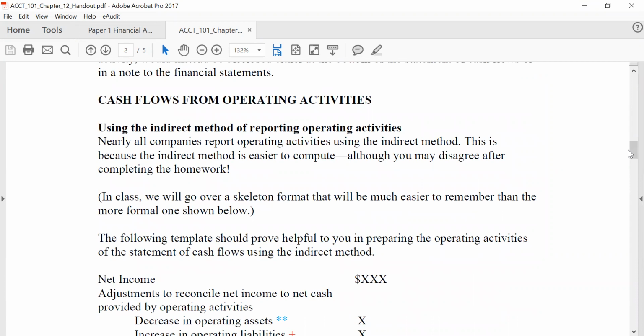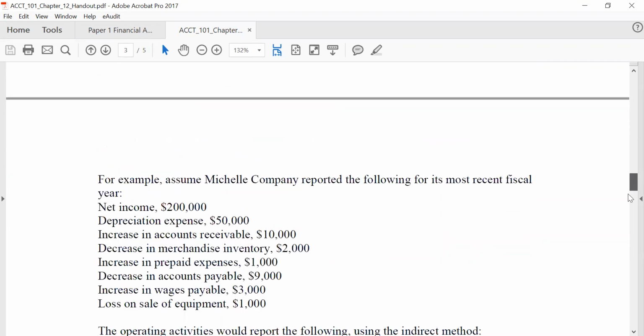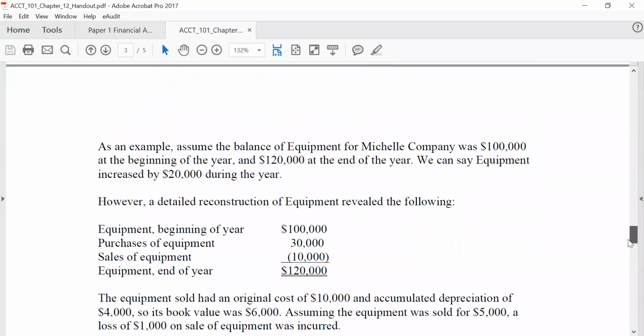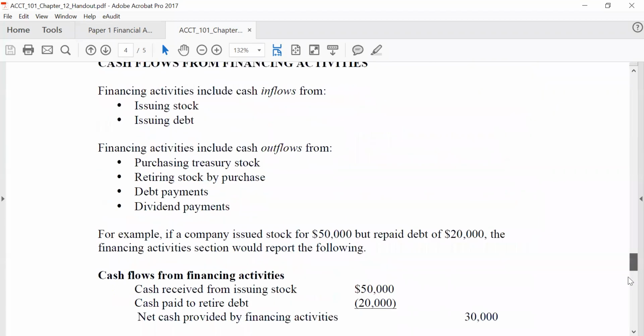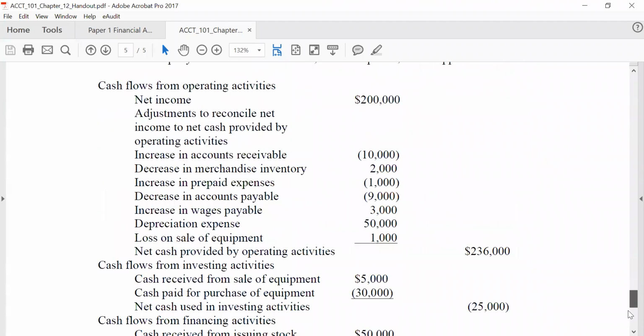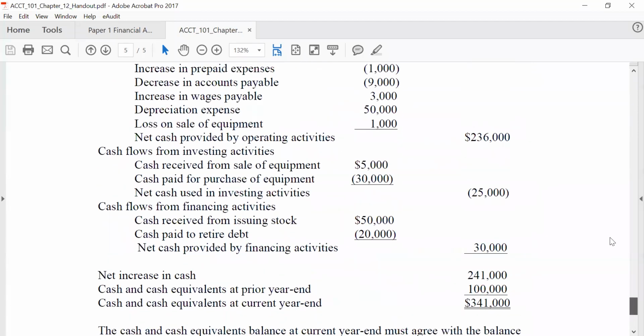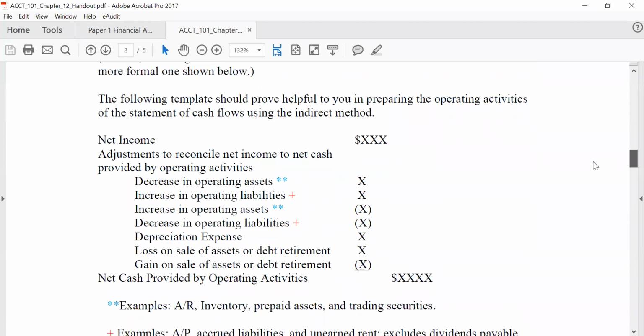Now we have two methods: the direct method and the indirect method, and we are going to appreciate how these two methods work.